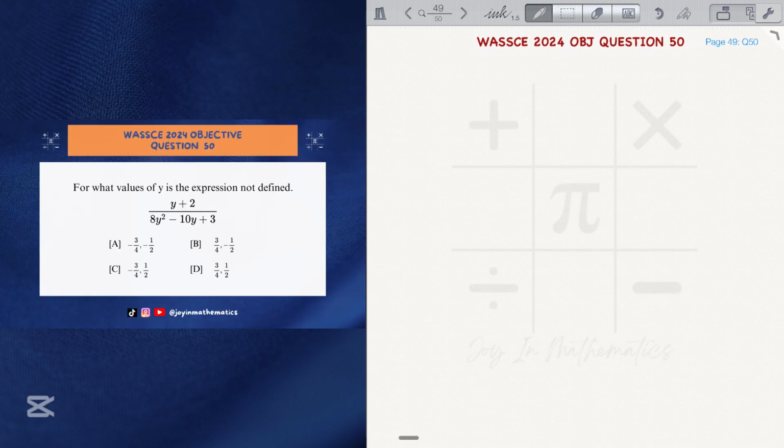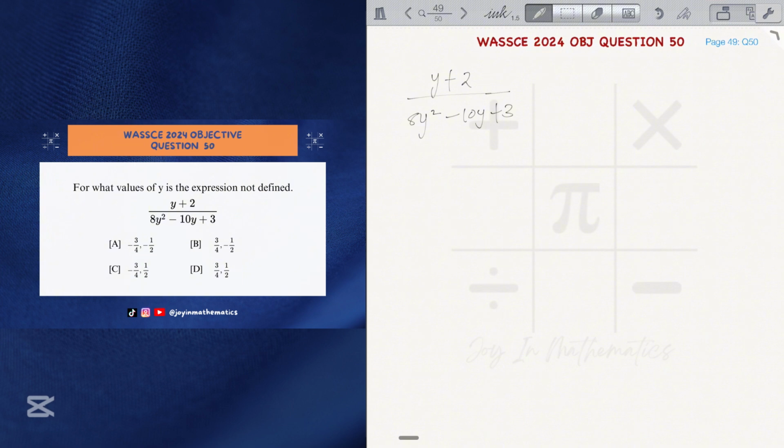Now let us consider the final question for WAEC 2024 objective section. So that is question number 50. The question reads thus: for what values of y is the expression not defined or undefined, as the case may be? So we have the expression y plus 2 being divided by 8y squared minus 10y plus 3.